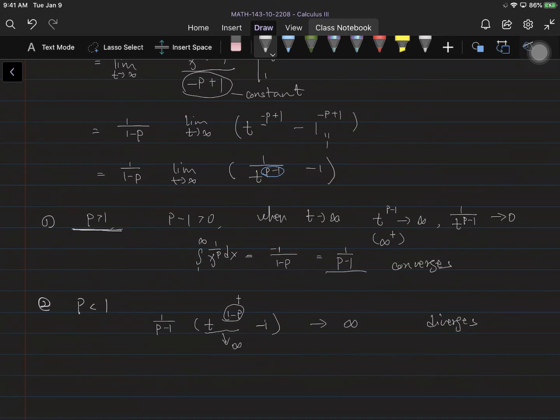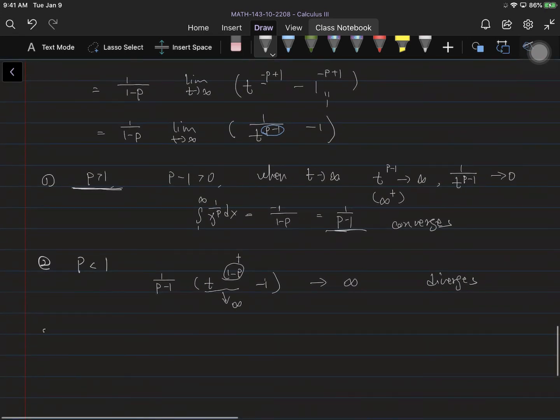And the last case, number 3, when p equals 1, that is the harmonic series. We already proved this in our example 1, so we can say this diverges.